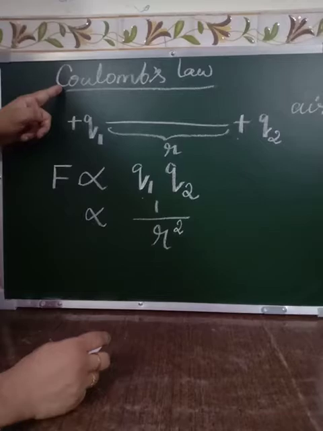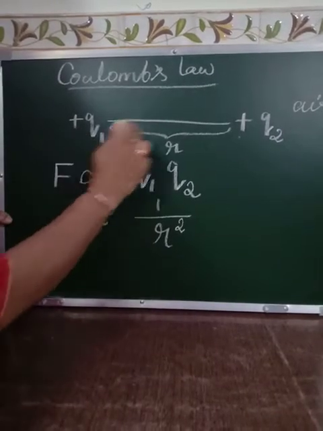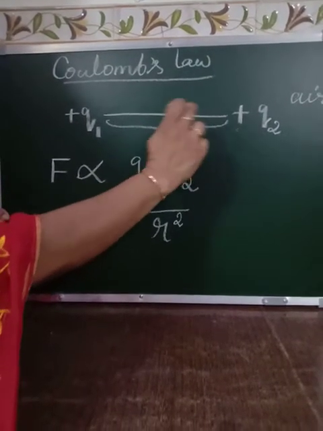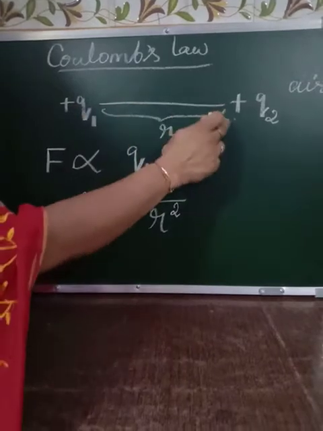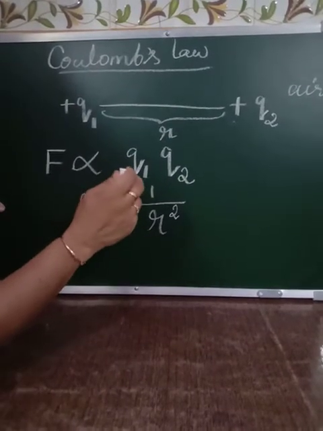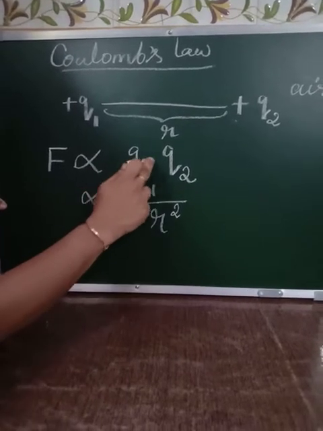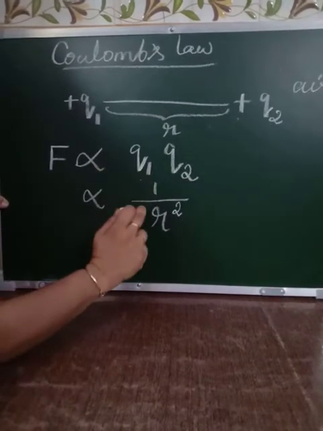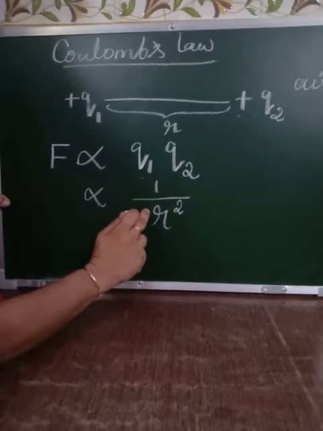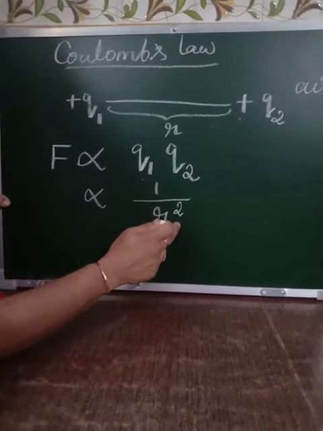According to Coulomb's law, the force of repulsion or attraction between any two point charges is directly proportional to the product of charges and inversely proportional to the square of distance between them.